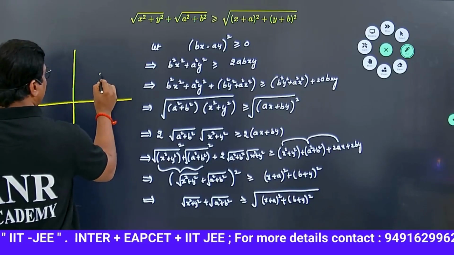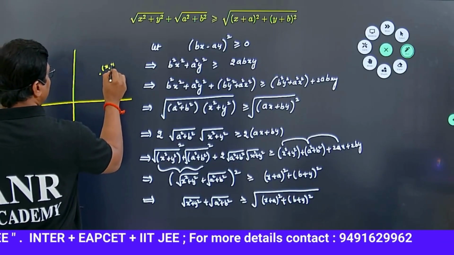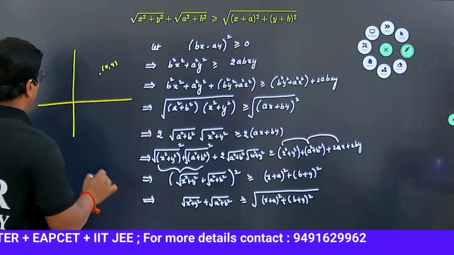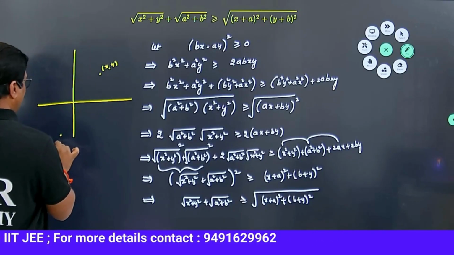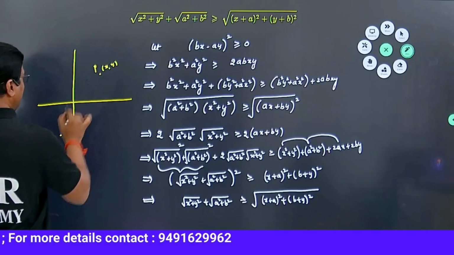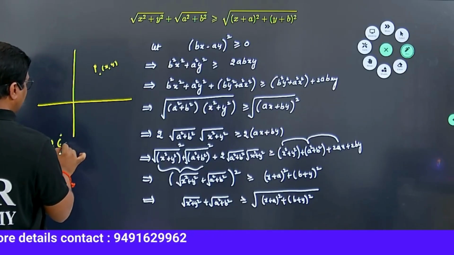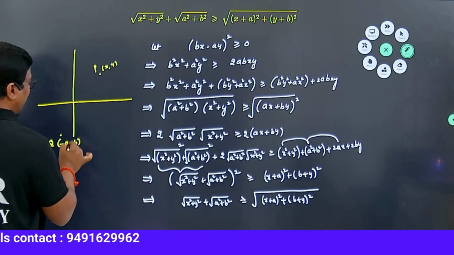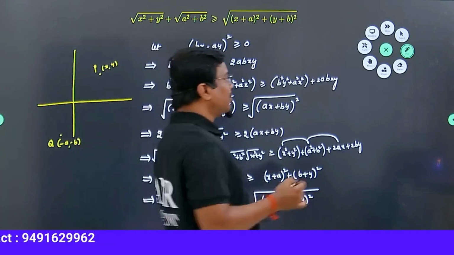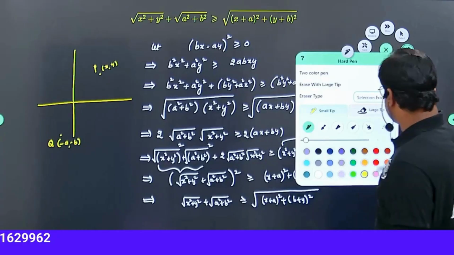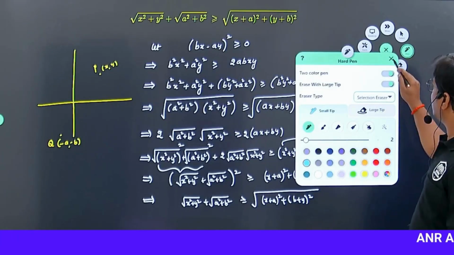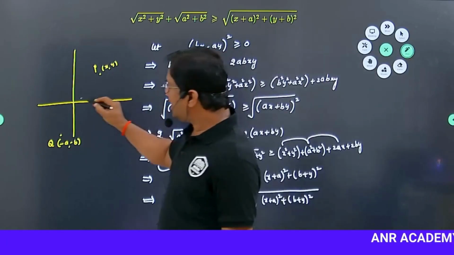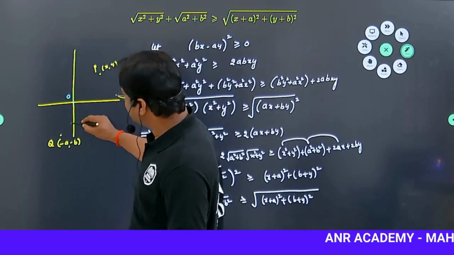Suppose there is a point P with coordinates x comma y, and assume another point Q with coordinates minus a, minus b, and O is the origin.